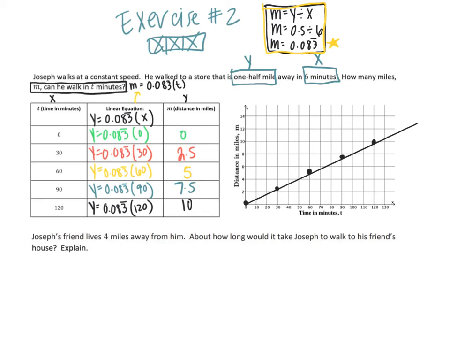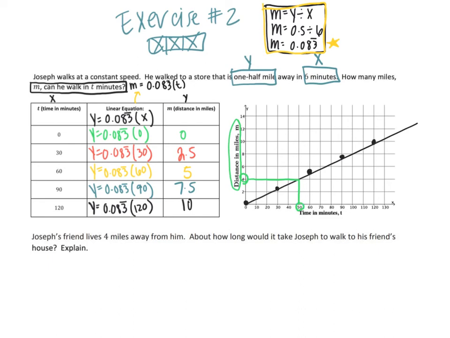And the question says Joseph's friend lives 4 miles away from him. About how long would it take him to walk to his friend's house? So I'm going to look at my miles, which are right here on my y-axis, and I'm going to go to the 4. And I'm going to draw my line, see where it hits. It hits right there. Find the corresponding time, and I'm going to answer that.